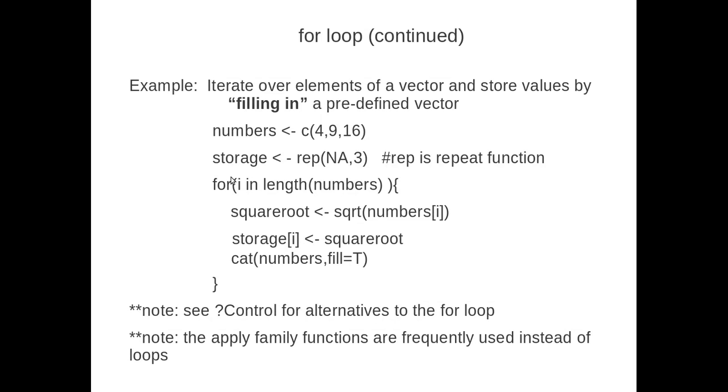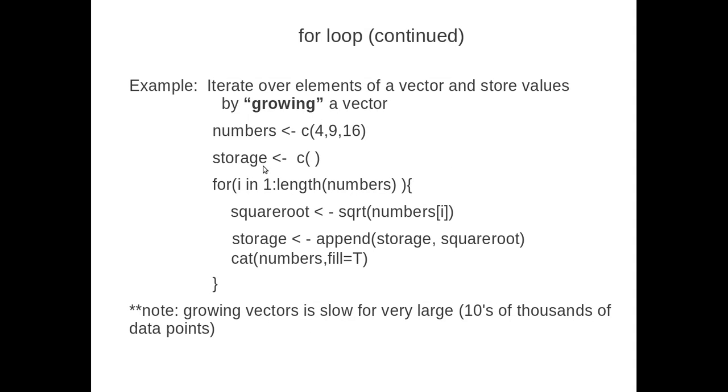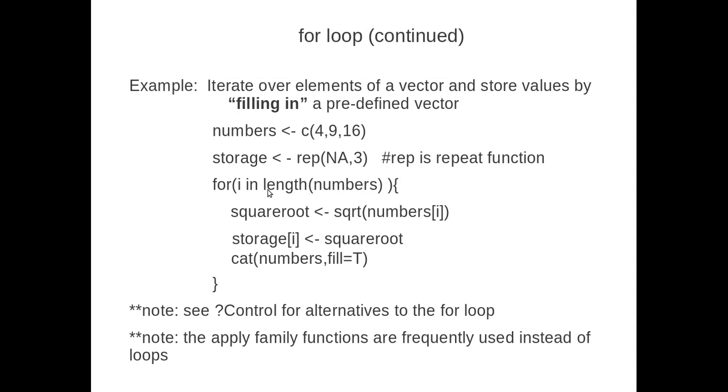So we're looping through the values 1 to 3. This is a typo, I'm sorry about this. This should be 1:3, just like it is here. I apologize for that. So i in 1 to length of numbers: first time through the loop is 1, second time 2, third time 3.